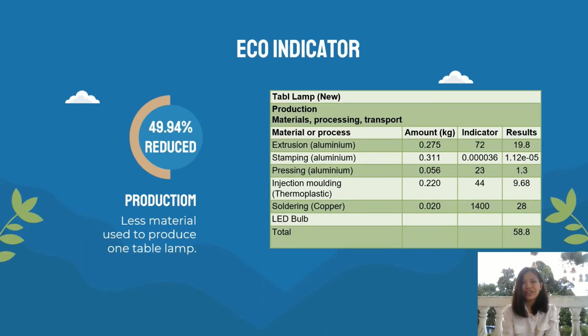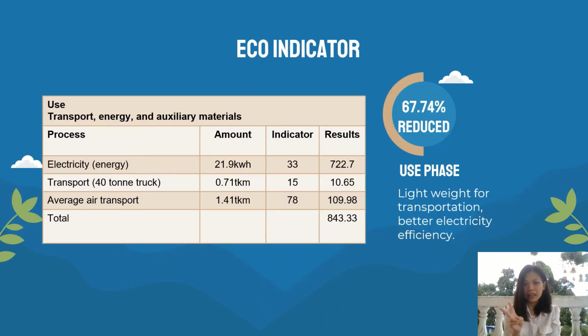And for the eco indicators, we can see here when we do a comparison within all eco indicators, we have 49.94% reduced from the production, where less material is used to produce one table lamp. The second thing is we have a reduction of 67.74 for the use phase, as lightweight for the transportation, and better electricity efficiency.